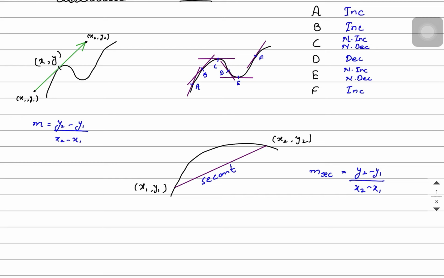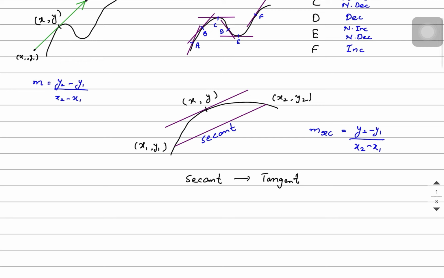Now the problem arises when we have a tangent. A tangent has only one point, that is x1 y1 only, or I would suggest to write only xy. So if I want to make a secant line into a tangent line, you can see we had 2 points on the curve and a tangent has only 1 point on the curve.